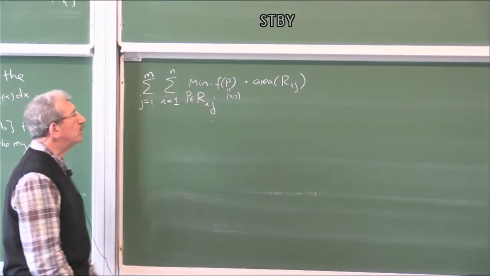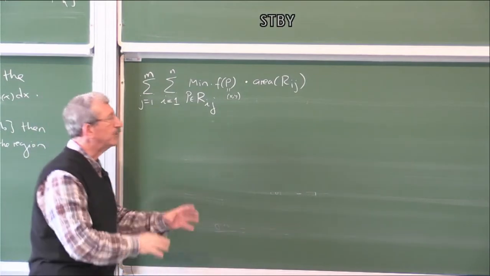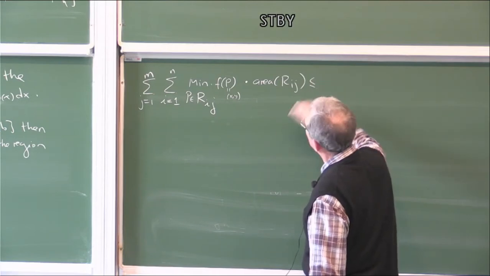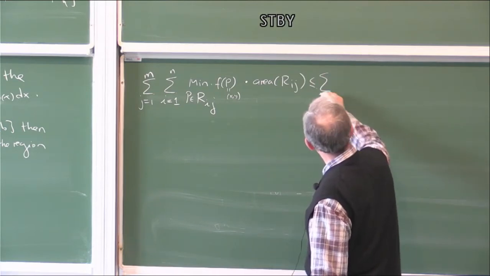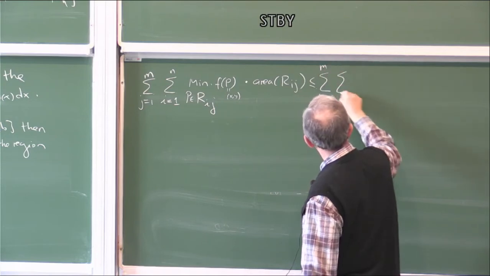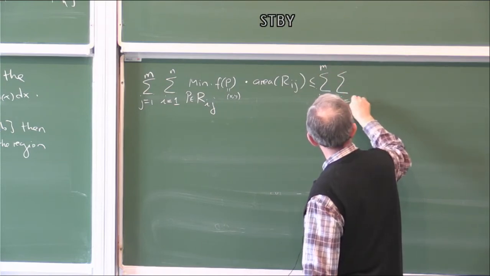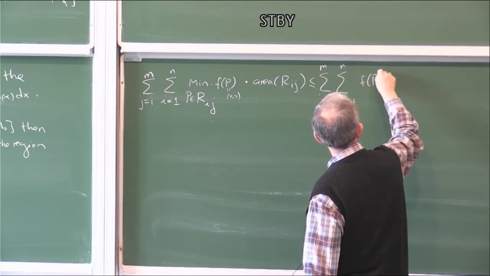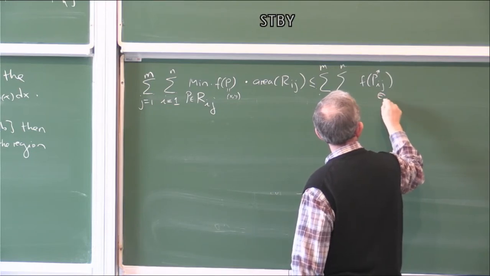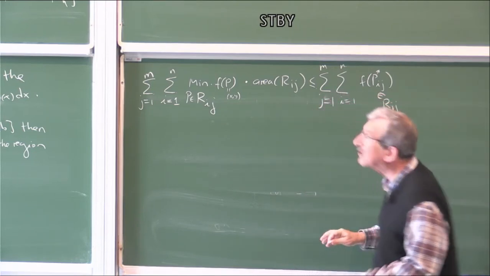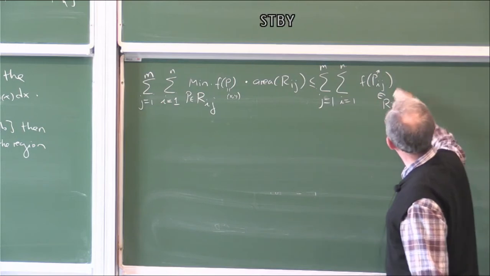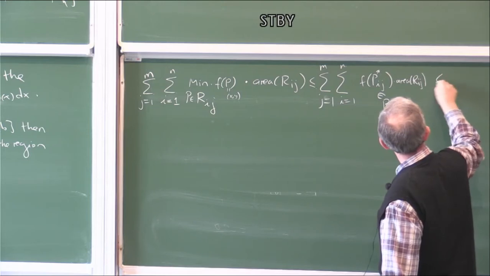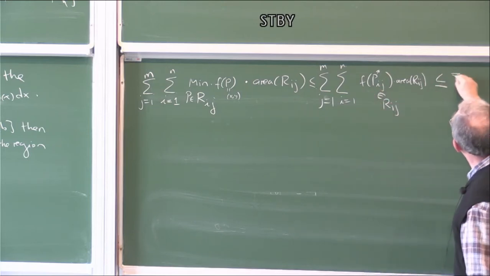Now, this considers all possible combinations. Now, somewhere in the middle, we will have, for an arbitrary choice, an element in Rij, an arbitrary point, and we multiply again by the area of Rij. And of course, it will be smaller than the maximum value taken.